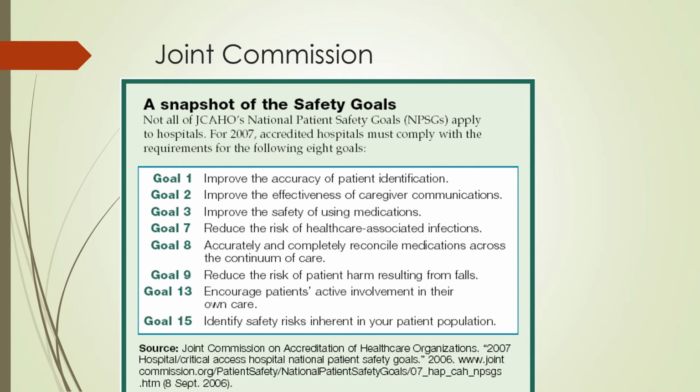When a patient's admitted, we're making sure that we have the right medications through the doctor's office and the pharmacy, and we check it with the patient too. Also, reduce the risk of patient harm resulting from falls, encourage patients' involvement in their own care, and identify safety risks inherent in your patient population.